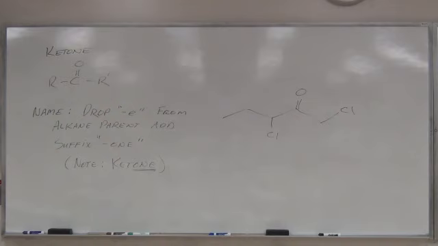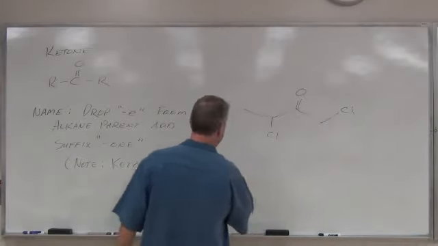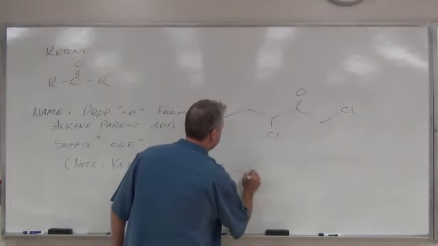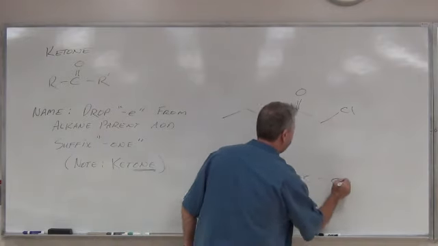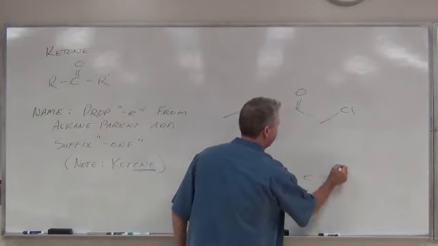What's that one? 3-chloro-2-heptane. 1,4-chloro. Oh, 1,4? No. Here, let me expand it. I see it, yeah. 1, 2, 3, 4, 5. I drew an extra line on my paper.